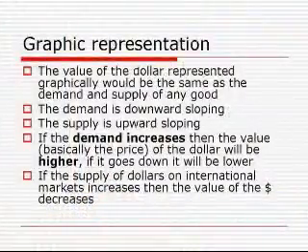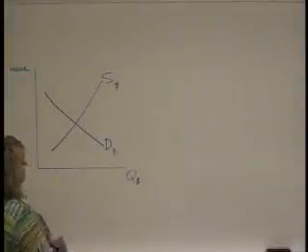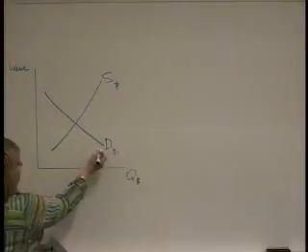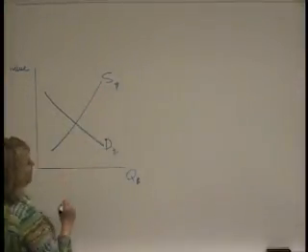Now, as a graphic representation, we could look here at a simple demand and supply graph. If you're looking at this relationship, the demand is downward sloping, so that's the demand for dollars, and this is the supply of dollars.